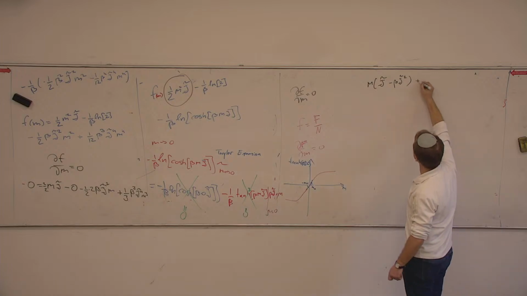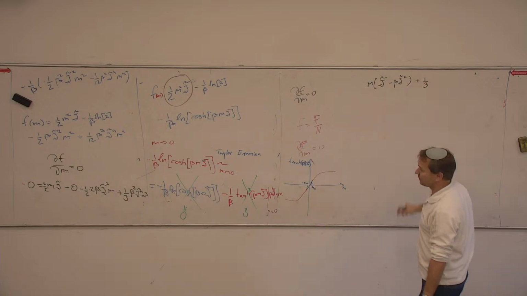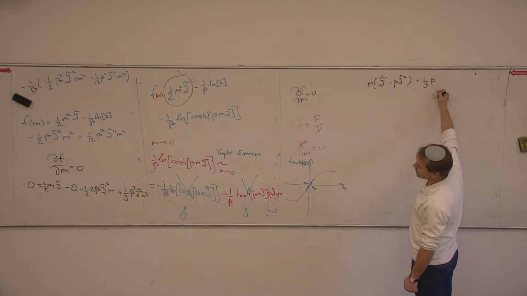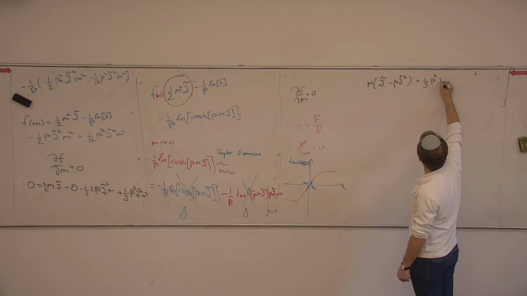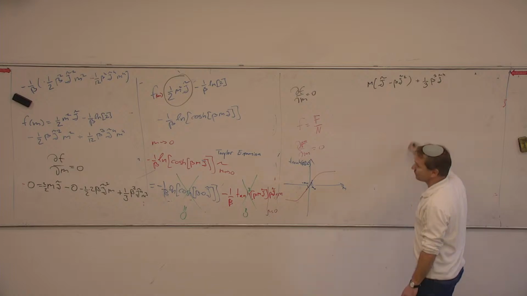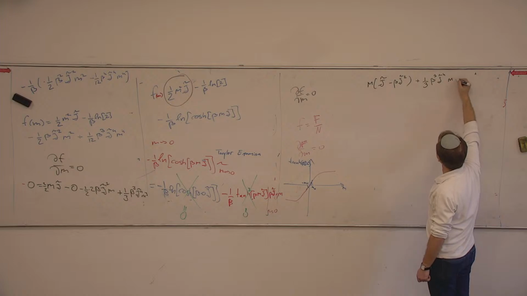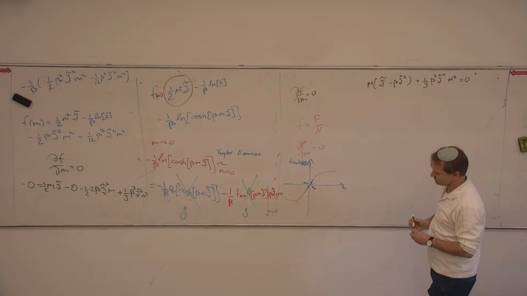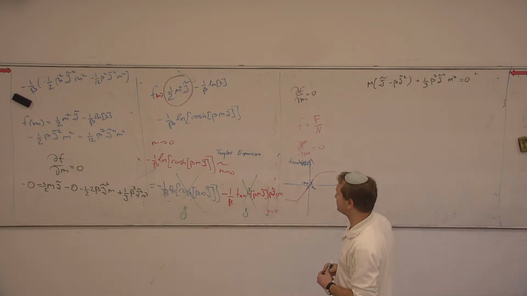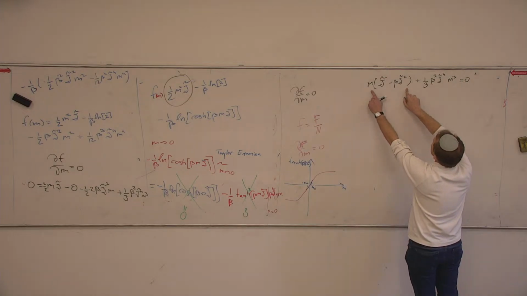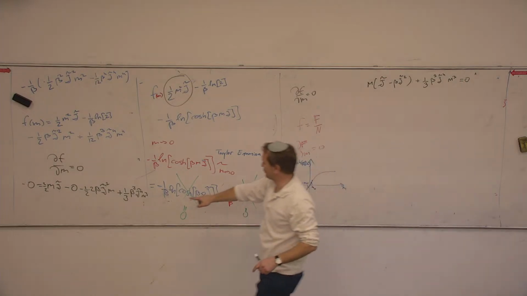Plus 1/3 of beta to the 3rd j tilde to the 4th m to the 3rd equals 0. But I took m outside over here, so I had m to the 3rd.